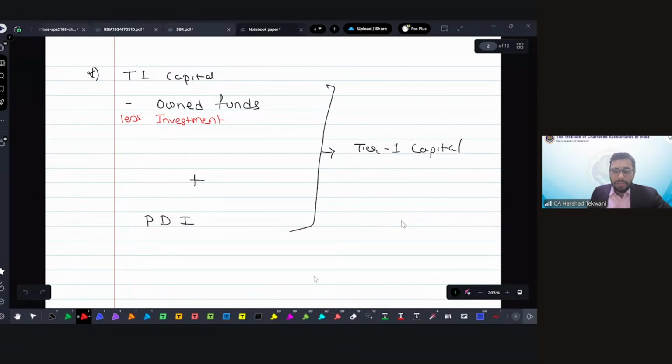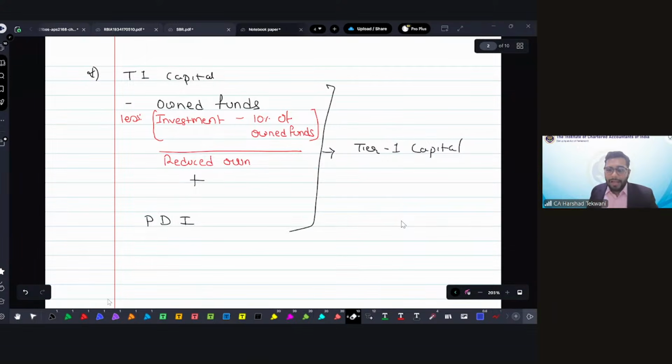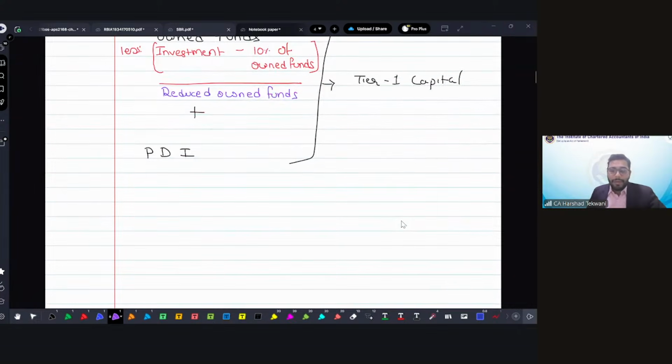So investment less 10% of owned funds. If you minus this amount from the own funds, that resultant amount, let's say reduced own funds, in a hypothetical example, is the amount you are required to take for the tier 1 capital.